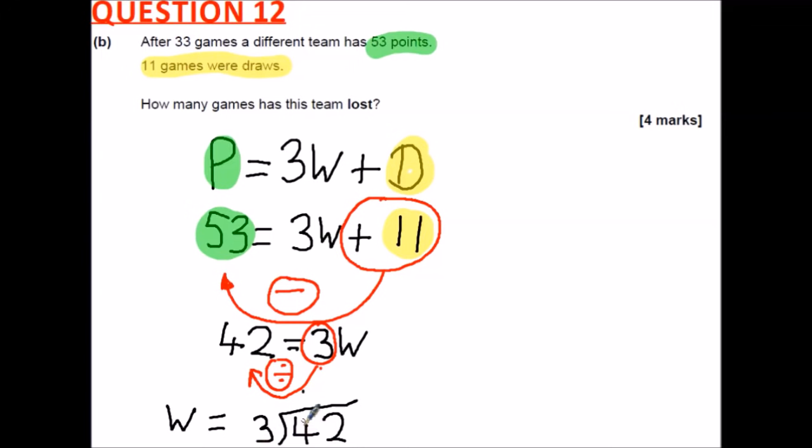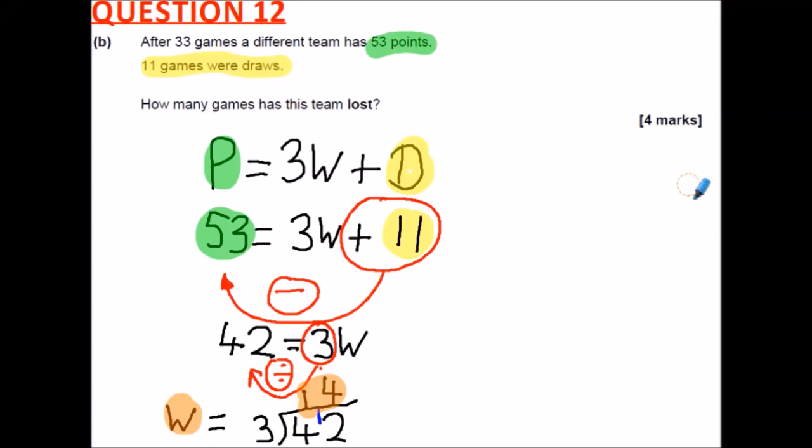Threes into 4, we can fit 1 inside, and the remainder is 1, because 3 is 1 off 4. And finally 3's into 12 goes exactly 4 times. And so the number of games that were won, we've now figured out must be 14. So W is 14.